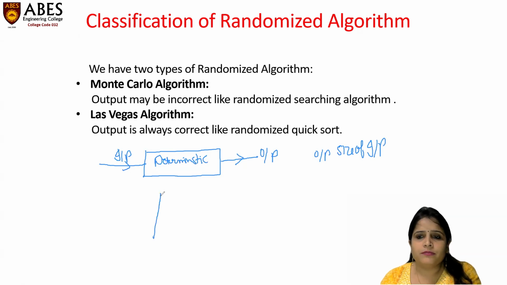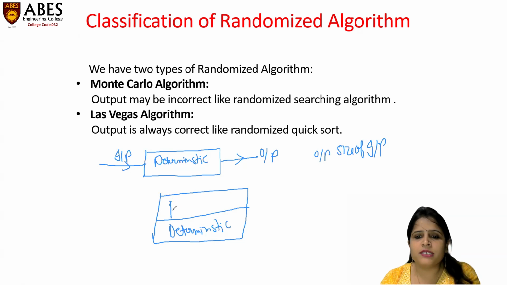Now a randomized algorithm is also built on the deterministic algorithm, because in that case we use the deterministic process, but here we use another concept, the random number. We add one concept, random number, here.